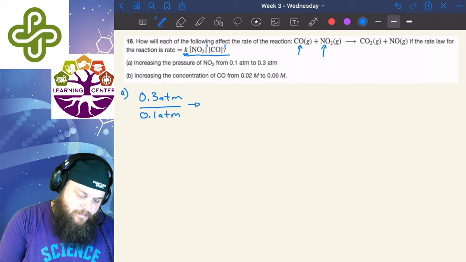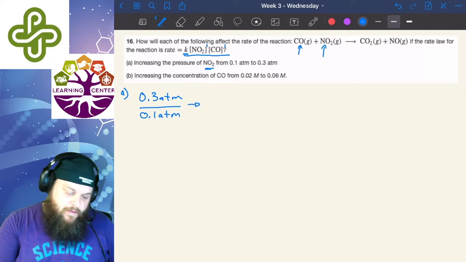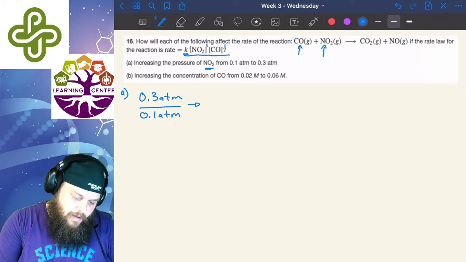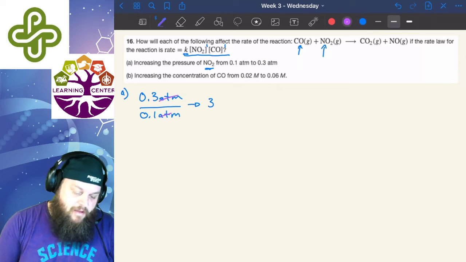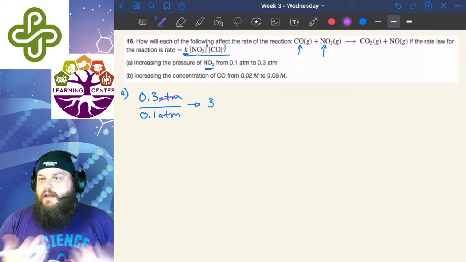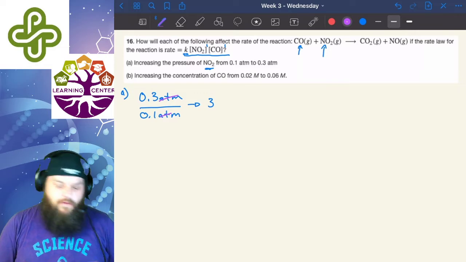I can see that I'm increasing the pressure of NO2 by a factor of 3. So then how do I use this to determine what that does to the ultimate rate law?